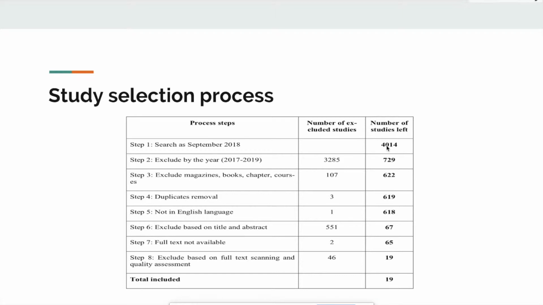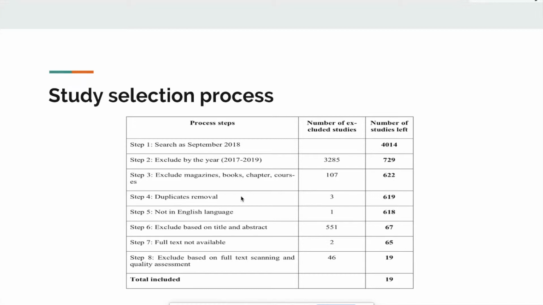Then, together with my supervisor, we took the decision to take only those papers which were published between 2017 and 2019. After refining the search by year, I had 729 studies, and then I excluded the papers which were magazines, books, chapters and courses. Then I had 622 articles.